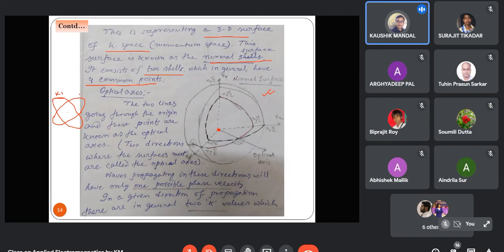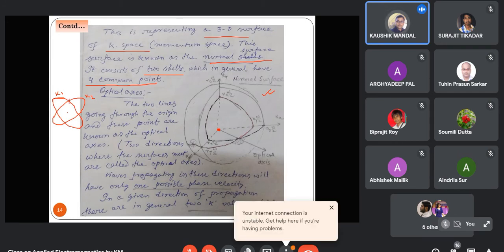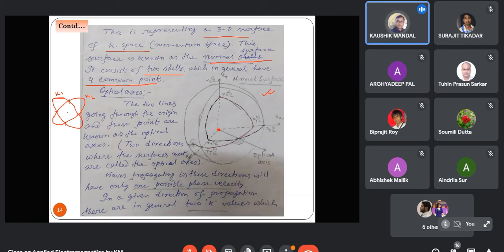Say for this it is k1, for this k2. So if you consider this type of overlapping between two shells that are not symmetric in structure, rather they are ellipsoid, there will be at least 4 common points. 4 common points means this is one, this is another point, this is another point, and this is another point. So there are 4 common points.